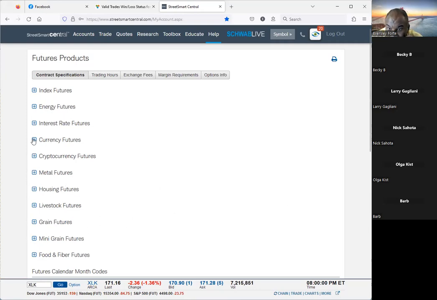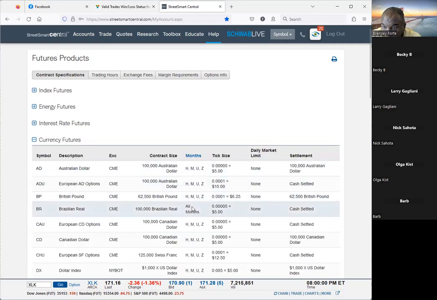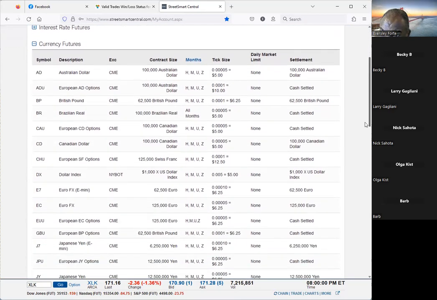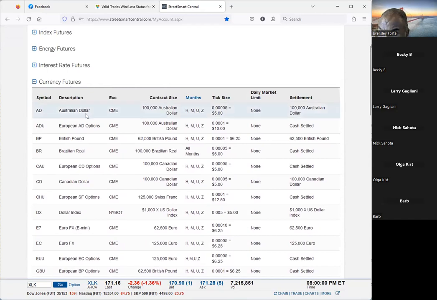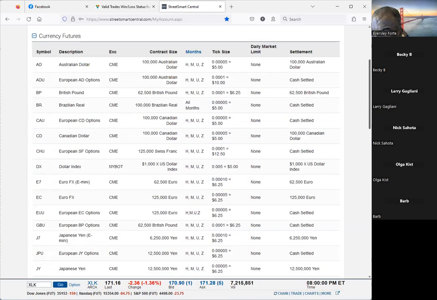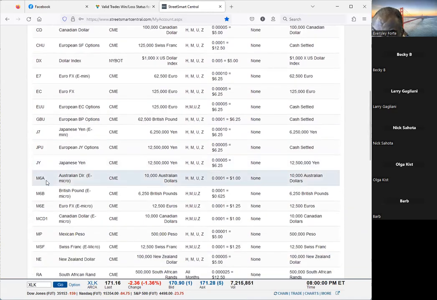So today we're going to go with currency futures, and the benefit of some of the futures contracts is that we have micro futures available. Australian dollar, AD. The Australian dollar also has M6A, which is the micro version of it, which is 10 times smaller.